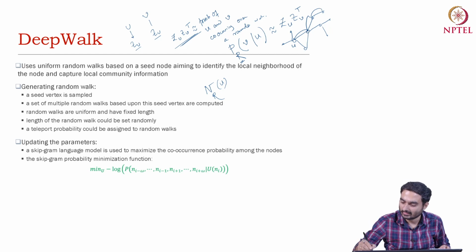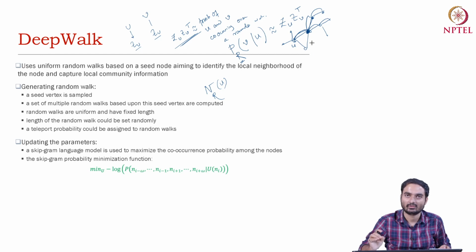So you encounter this node, this node, this node in the first random walk. You repeat the random walk again, you may encounter this node, then this node and this node. You again repeat the same process, you encounter this node, then this node, and this node, and so on and so forth. The length of the random walk is a hyperparameter, and the number of random walks that you want to perform is also a hyperparameter.